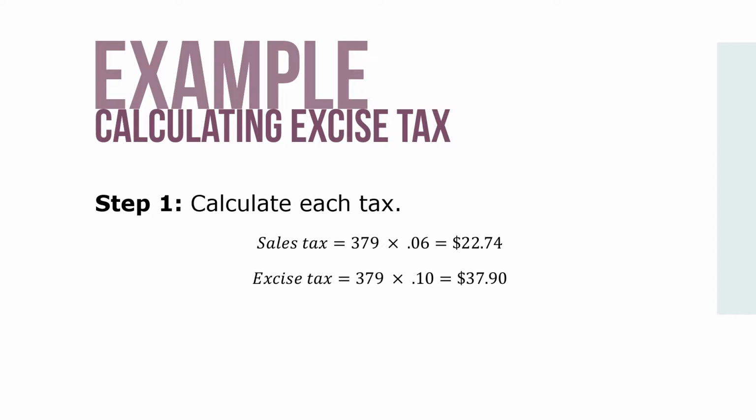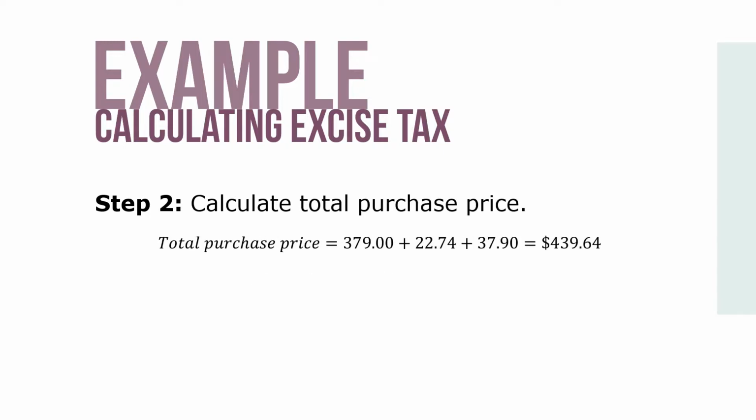Sales tax equals $379 times 0.06 equals $22.74, whereas the excise tax equals $379 times 0.10, which equals $37.90. Step 2. Calculate the total purchase price, which equals $379 plus $22.74 plus $37.90 for a total purchase price of $439.64.